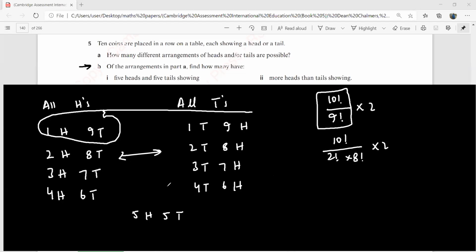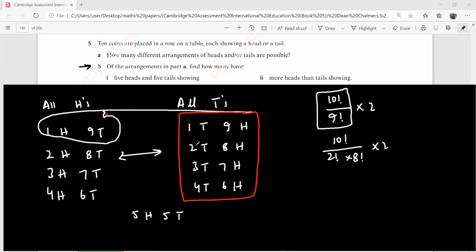And it says in 5B2, more heads than tails. So for more heads than tails, you will only consider these cases where there are more heads than the tails.